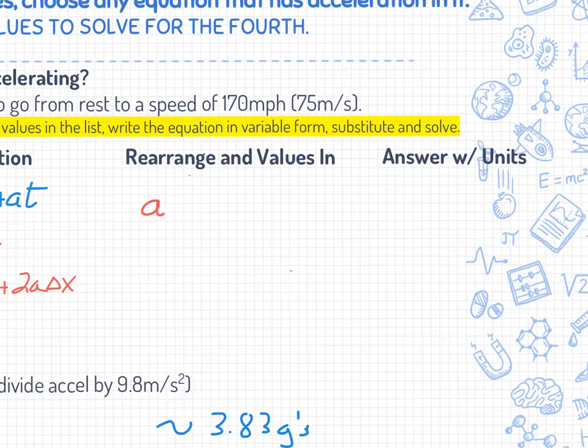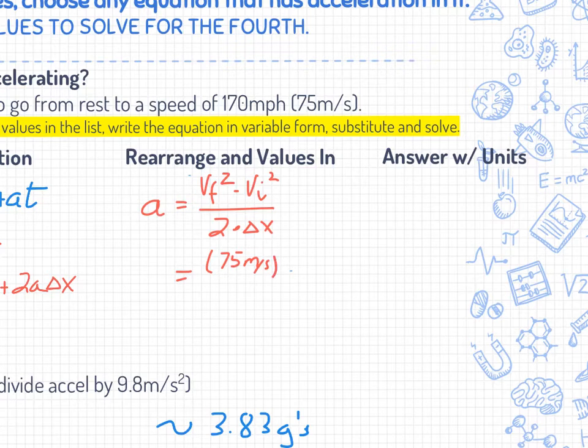So this would allow us to rearrange, solve for a, and I'm going to get my Vf squared minus my Vi squared divided by 2 times the displacement. Okay. Solving again, substituting in, I get 75 squared, that's my speed, divided by 150. Solving that out gets me 37.5 meters per second squared.